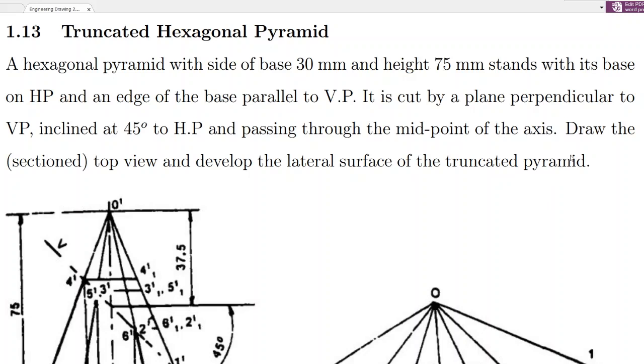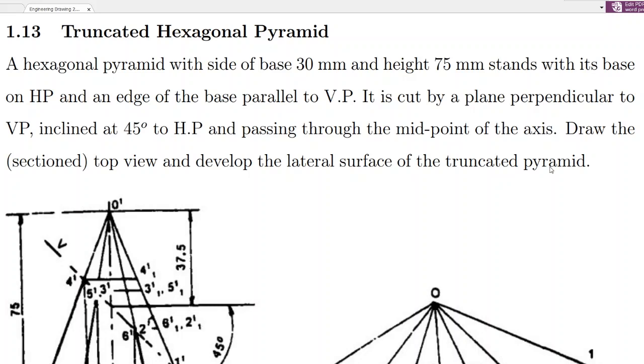And we are to draw the sectioned top view and develop the lateral surface of the truncated pyramid. So here we are to draw the views, the top view, draw the projection of it, and then develop the lateral surface of the truncated pyramid.